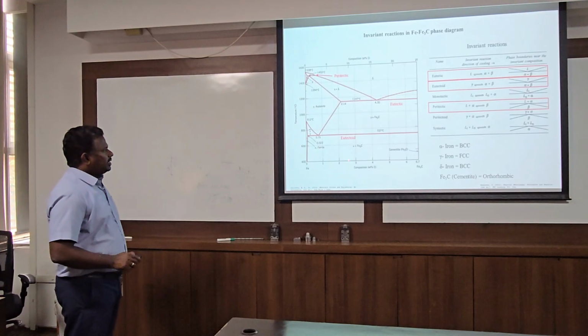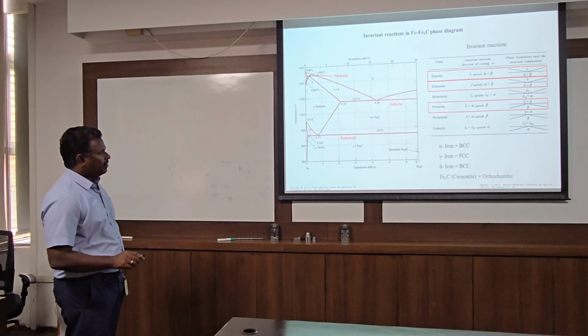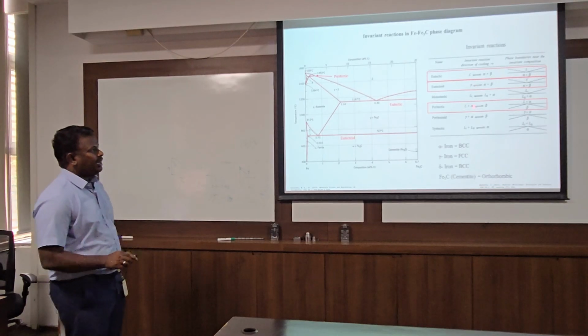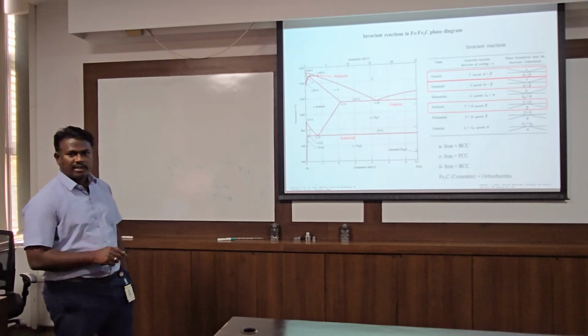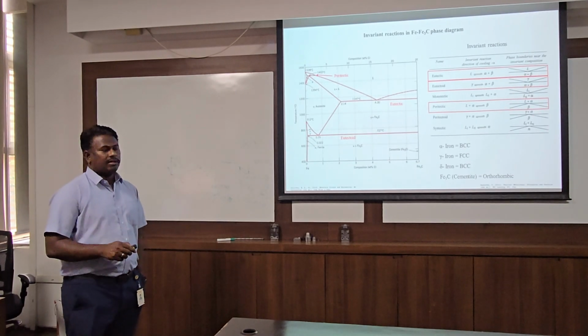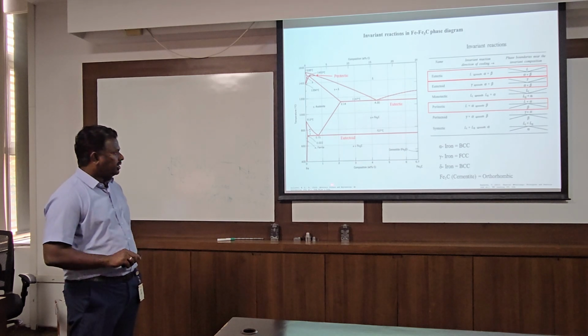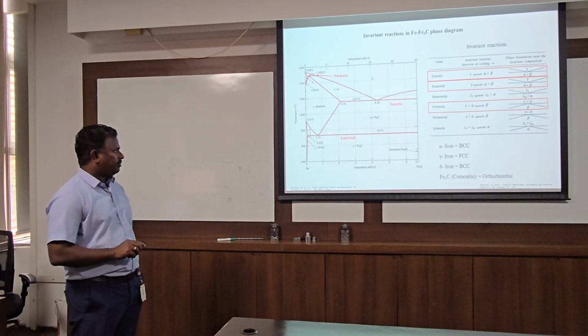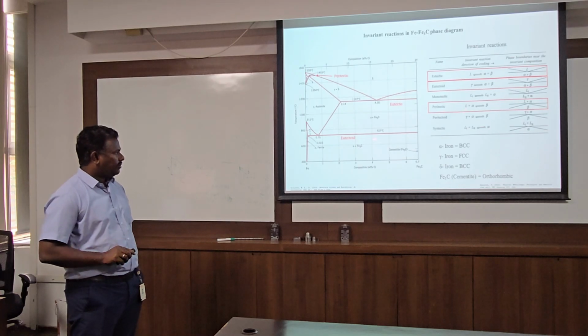Now we'll summarize what I explained: eutectic and peritectic. There are different invariant reactions, like monotectic, peritectic, syntectic, in different alloy systems. But for our purposes, in the iron carbide phase diagram, only three reactions are there, which I have shown here.